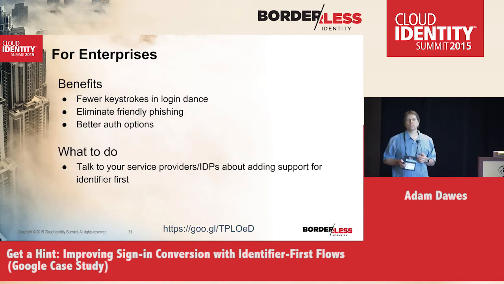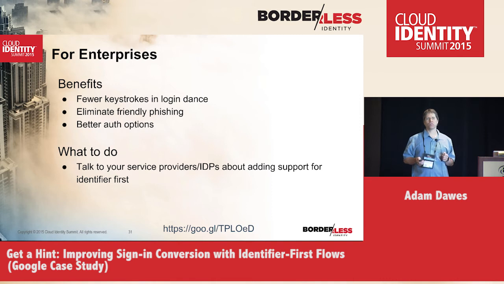And for enterprises, really you'll want to work with your vendors and encourage them to move forward and go into the world beyond passwords, and suggest that identifier first is a key way to get there. For your internal applications, you can also implement AccountChooser and SmartLock for passwords to improve the experience for your users.